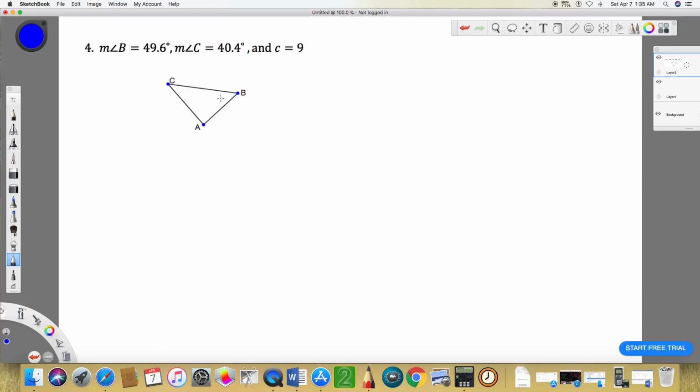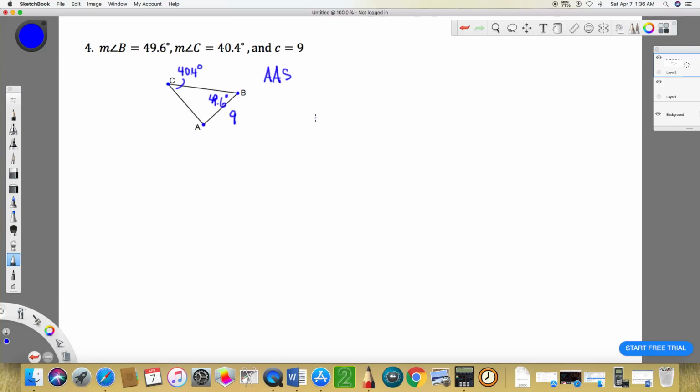So we've got the measure of angle B being 49.6 degrees, and the measure of angle C being 40.4 degrees, and the length of c being 9. So we have 2 angles and the non-included side.